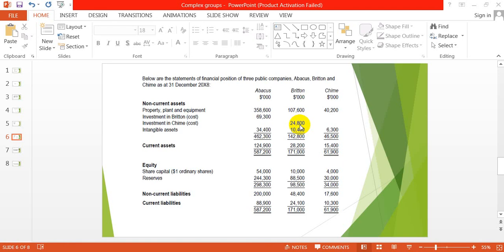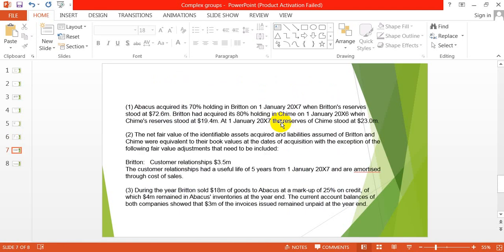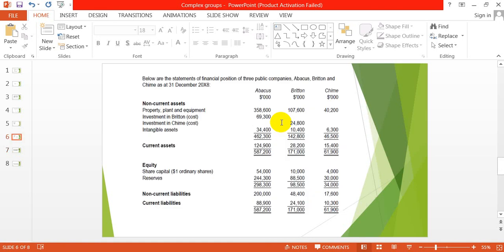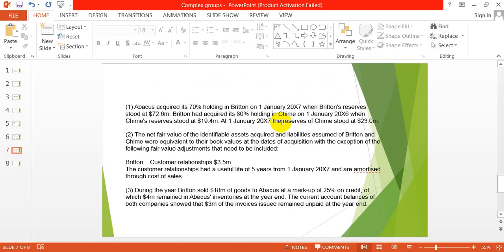Before we do that, let's determine the percentage holding from note 1. Abacus acquired its 70% holding in Britain on 1st January. You notice that 1st January is outside our timeline, and Britain's reserves stood at 72.6.